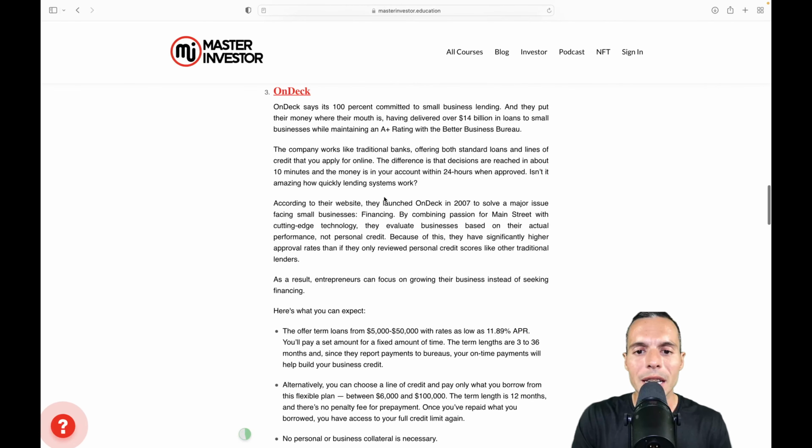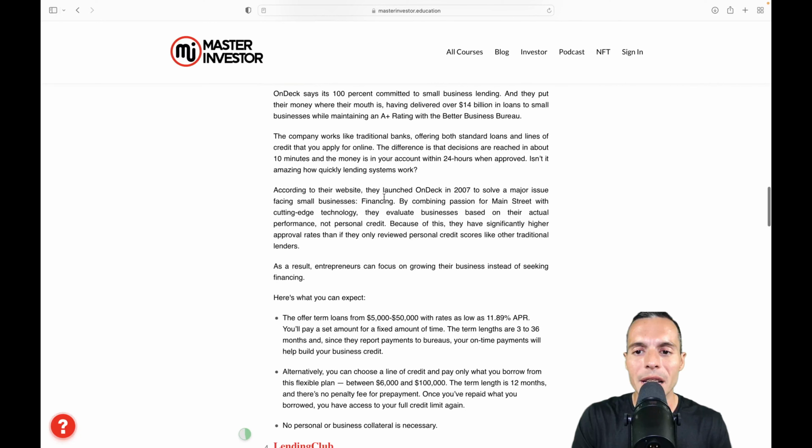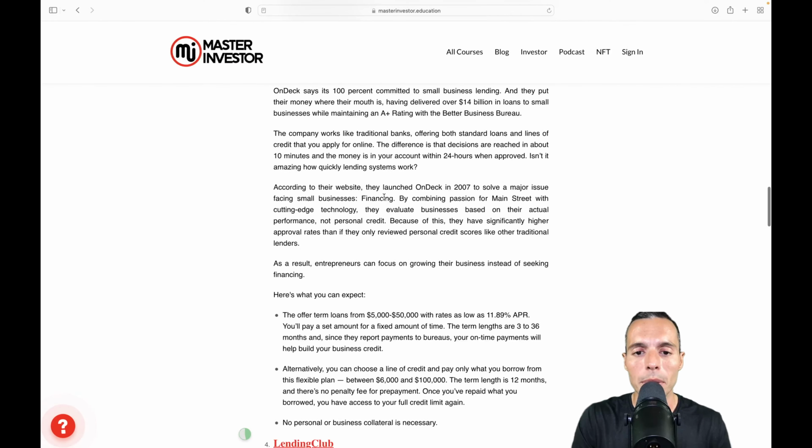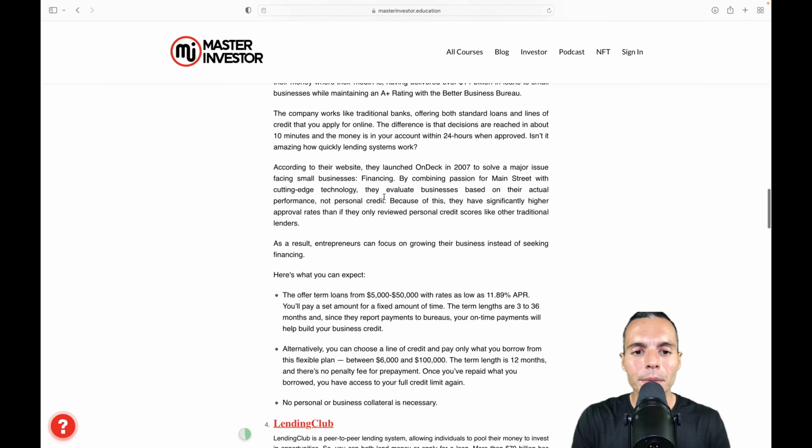The company works like traditional banks, offering both standard loans and lines of credit that you apply for online. The difference is that decisions are reached in about 10 minutes and the money is in your account within 24 hours when approved. Isn't it amazing how quickly this lending system works?